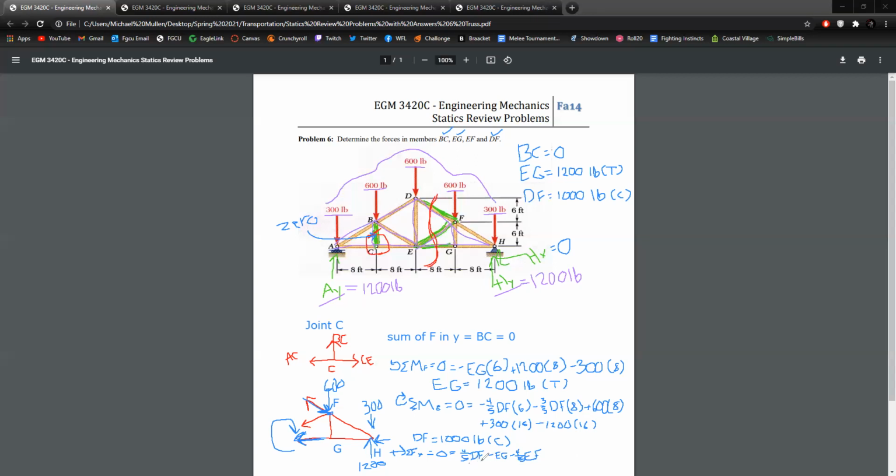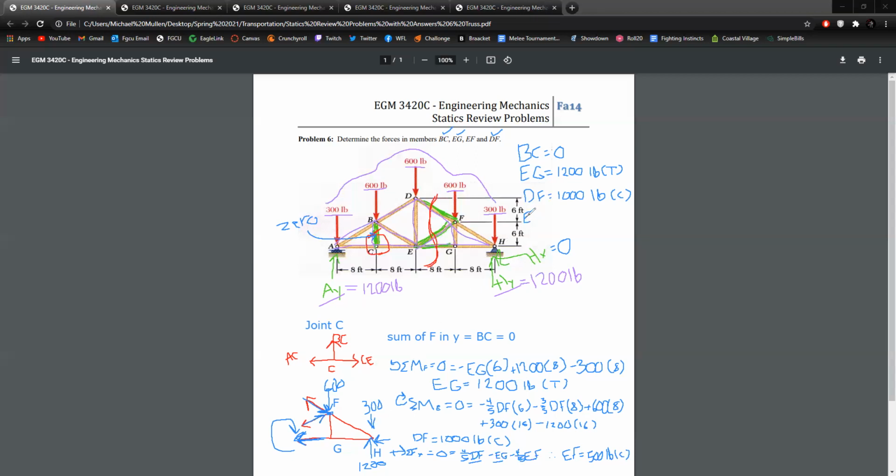So we know what DF is, we know what EG is, EF is our only unknown, so therefore we can say EF is equal to, comes out to be 500 pounds in compression. We get a negative answer for EF, so we say that it's compression because we assumed tension for it. But in reality, it's compression.